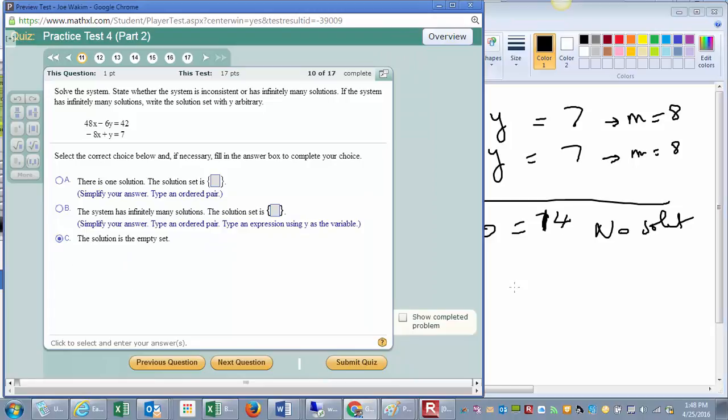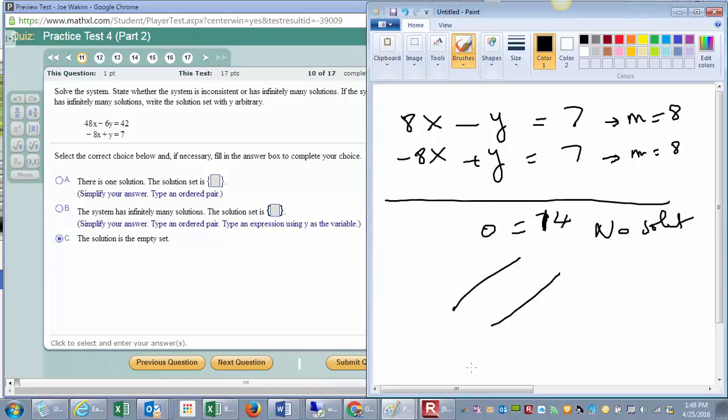Since they are parallel, there is no intersection, there is no solution. If they were overlapping, in case this was, let's say, minus x plus y, if this was minus 7, then these would be exactly the same line, they would be overlapping, and then we would choose the infinitely many solutions option. Otherwise, we will have one solution.